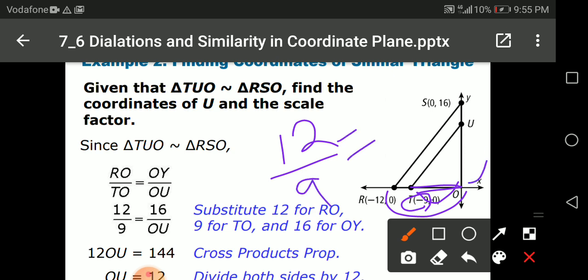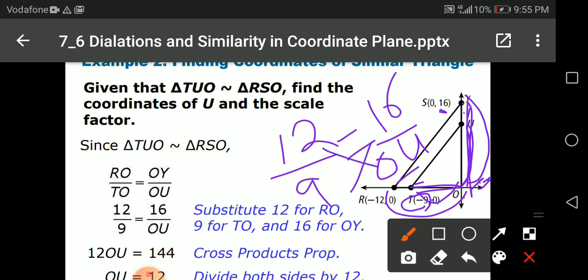The big one, OS, on the y-coordinate is 16, so the distance here is 16, over the smaller one, OU, which I need to find.